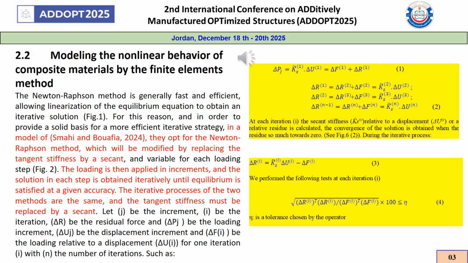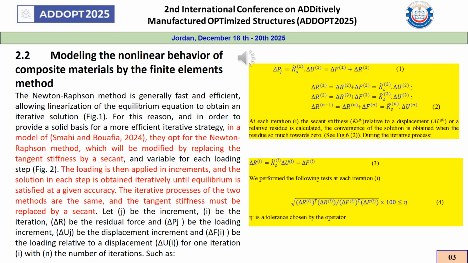The Newton-Raphson method is generally fast and efficient, allowing linearization of the equilibrium equation to obtain an iterative solution. For this reason, and in order to provide a solid basis for a more efficient iterative strategy, in the model of Smahi and Boeuf, they opt for the Newton-Raphson method, which is modified by replacing the tangent stiffness by a secant.